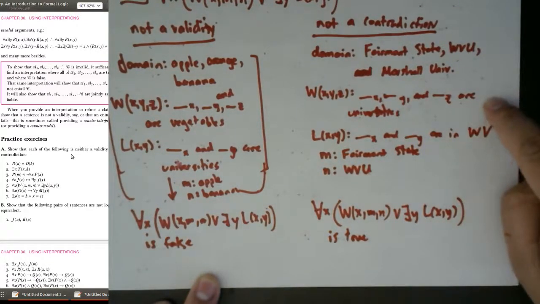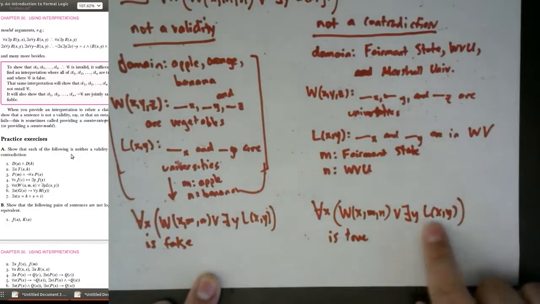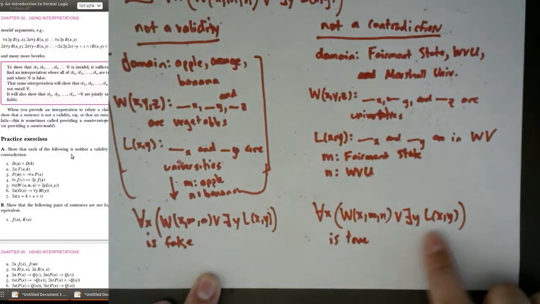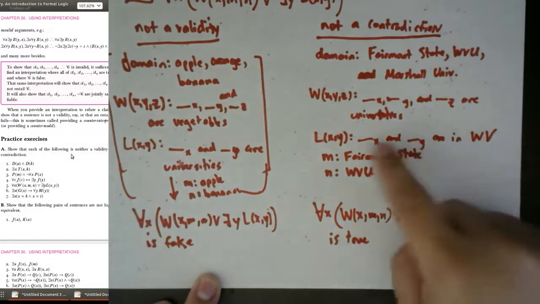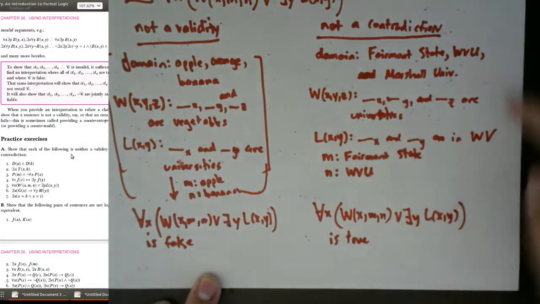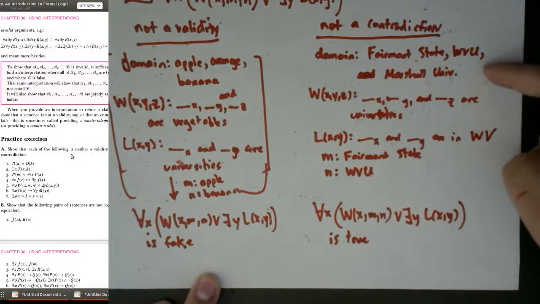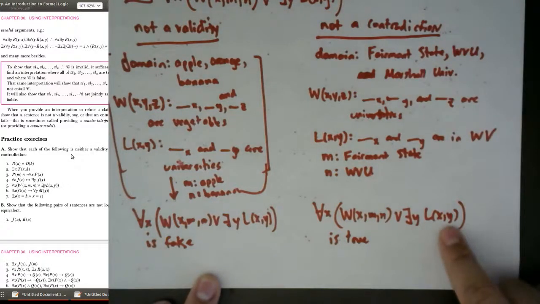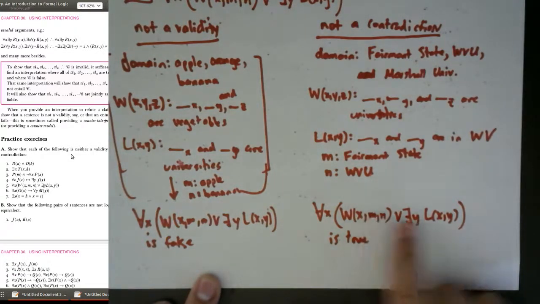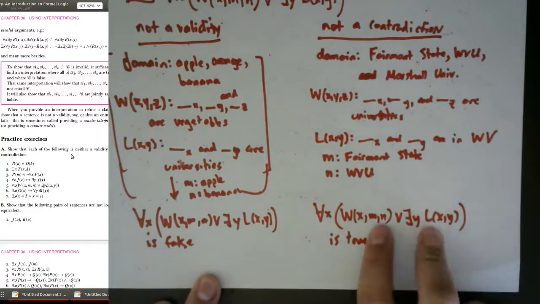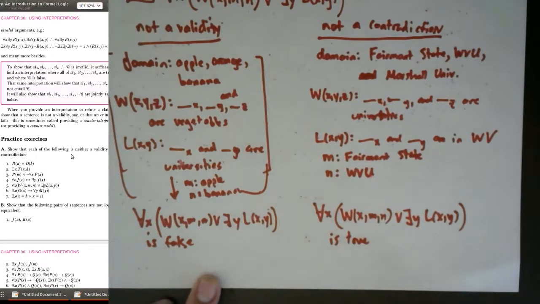It's necessarily true in this interpretation. There exists y, L(x, y), well, that's going to say these things are in the state of West Virginia. All these universities are in West Virginia, so L is also always true. So I have a true and a true. The OR is true, and that does it. That's all there is to this.